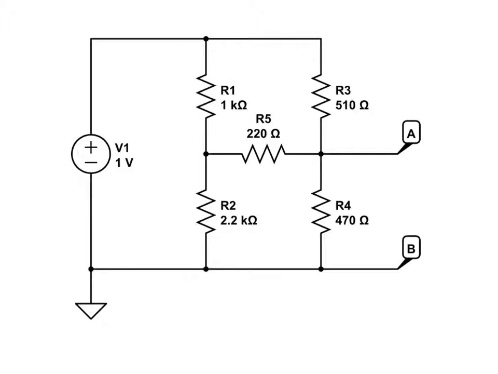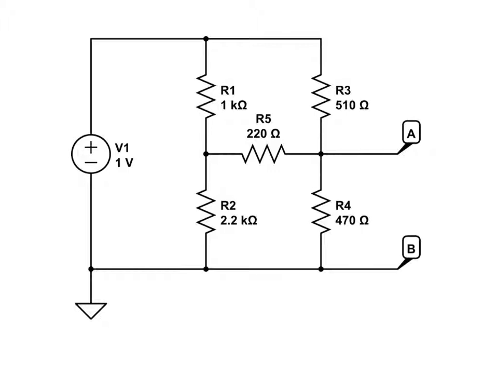Therefore, R1 and R3 are not in parallel. And the same thing goes for R2 and R4. We cannot say that they have the same potential difference developed across them because of this intervening resistance element right here. So therefore, R2 and R4 cannot be claimed to be in parallel.